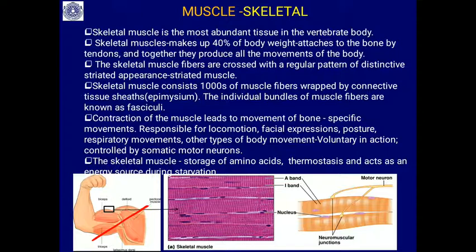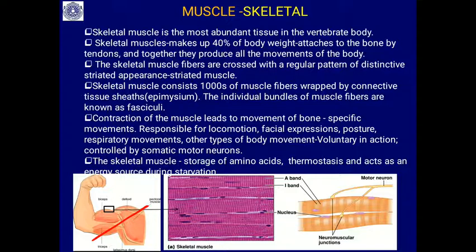Skeletal muscle consists of hundreds of thousands of muscle fibers wrapped by a connective tissue called the epimysium. Contraction of these muscles brings the movement of the bone, and specific movements are responsible for locomotion, facial expression, posture, and respiratory movements.